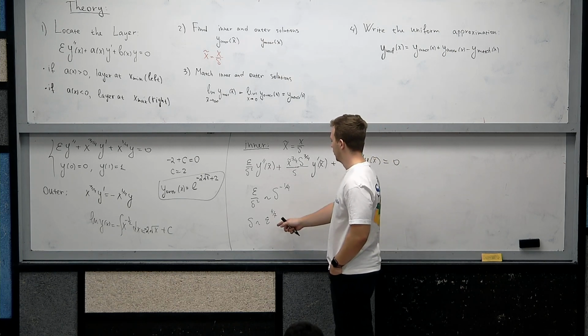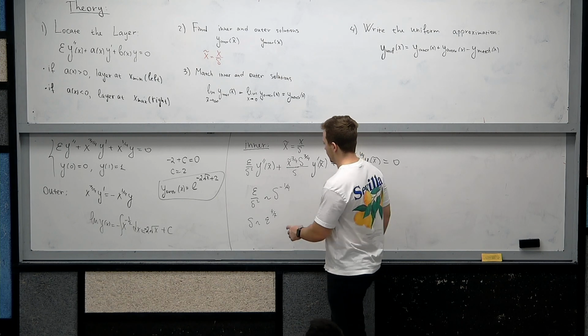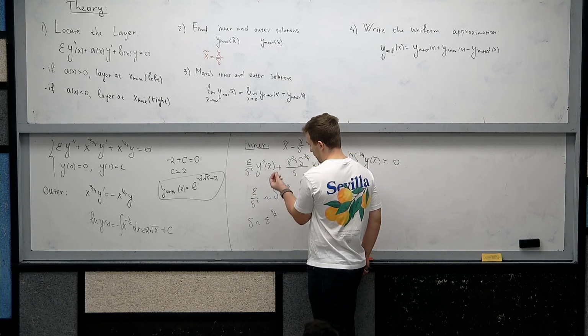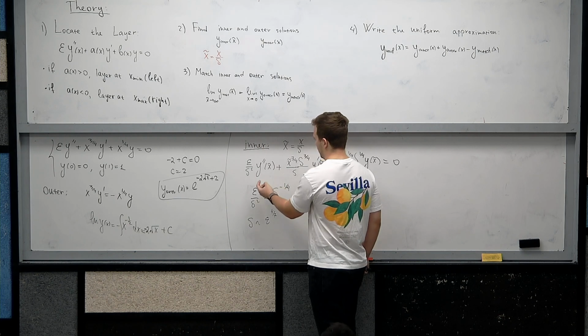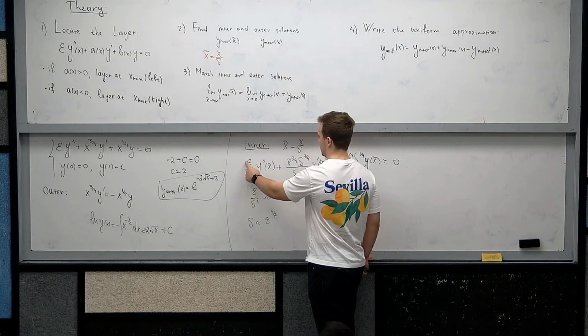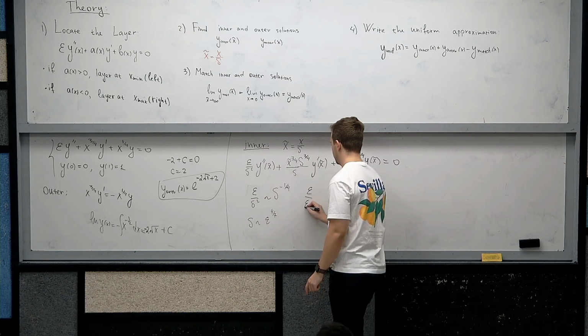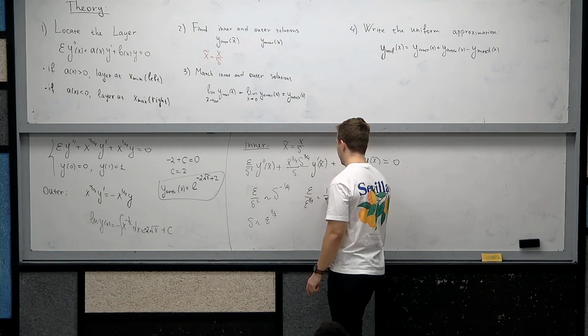We assume that this and this asymptotically behave the same. So epsilon divided by delta squared is epsilon to the minus 1/7.